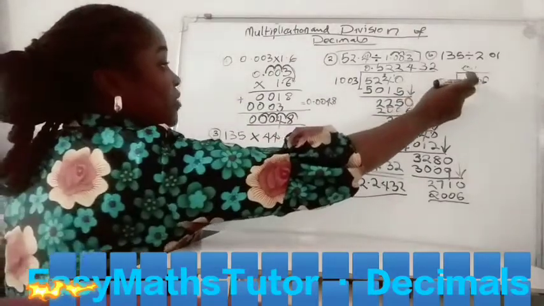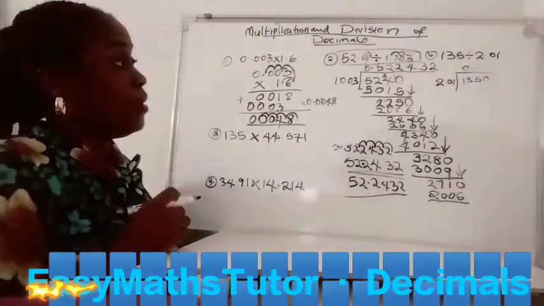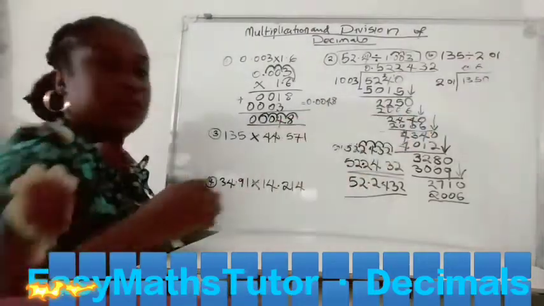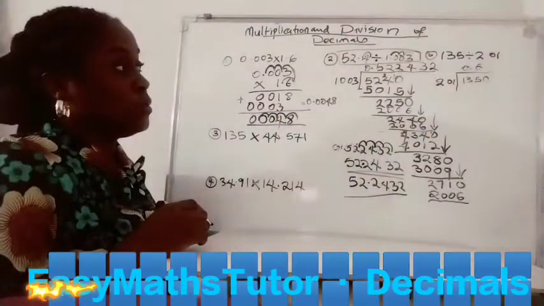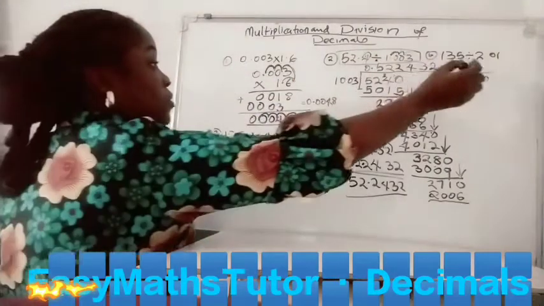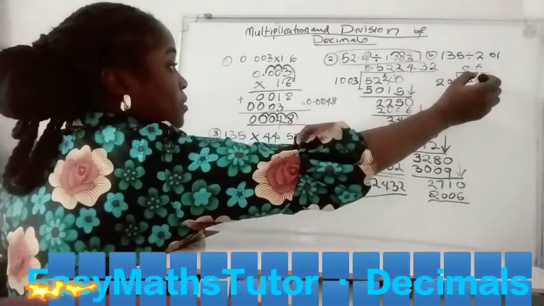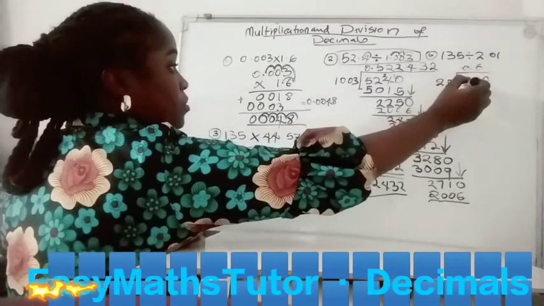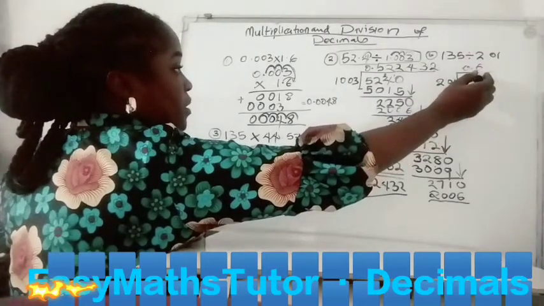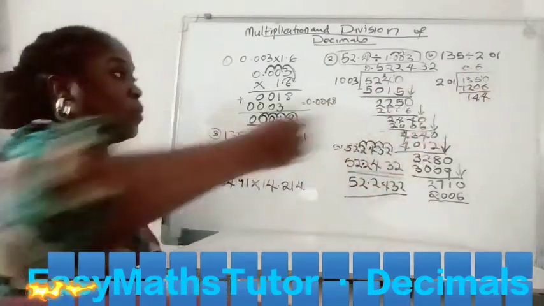So, 1,350 divided by 201 will give us 6. 6 is the most probable solution that we will get from this problem. So multiply 6 by 200, we'll have 6, 0, 12. So we'll subtract this, giving us 4, 4, 1.